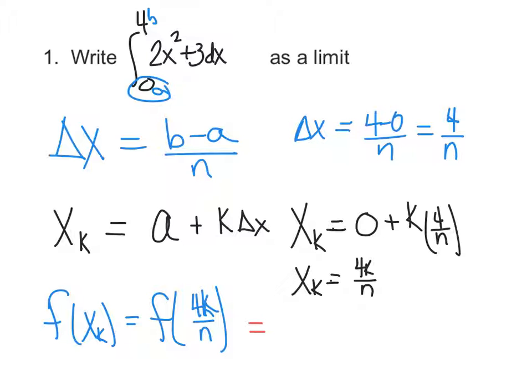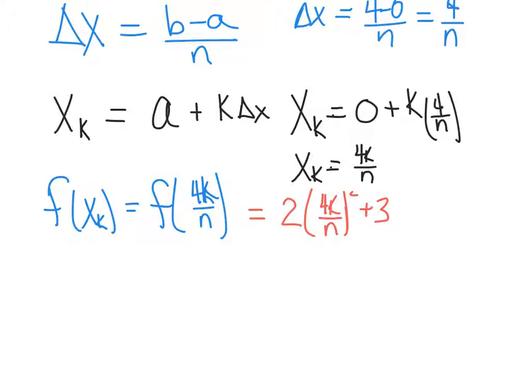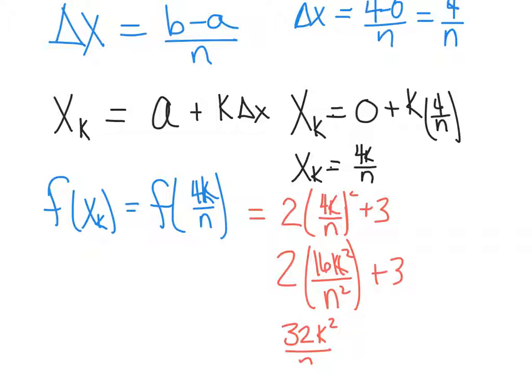So f of x sub k is equal to 2 times 4k over n, squared, plus 3. So I'm going to keep cleaning it up. That's 2 times 16k squared over n squared plus 3, which is really 32k squared over n squared plus 3.